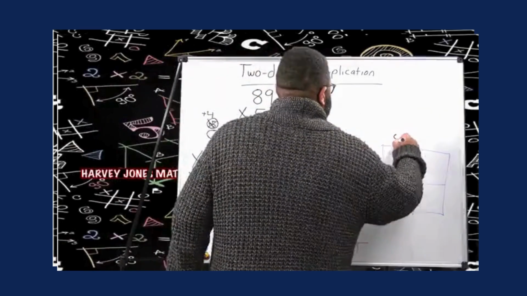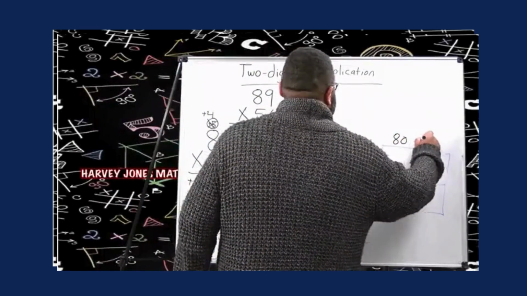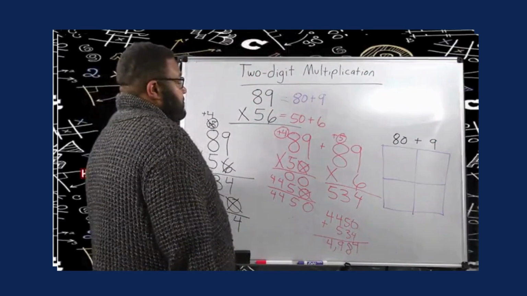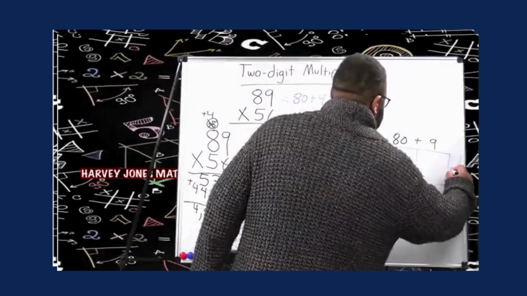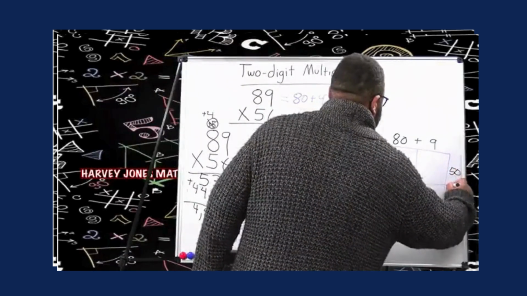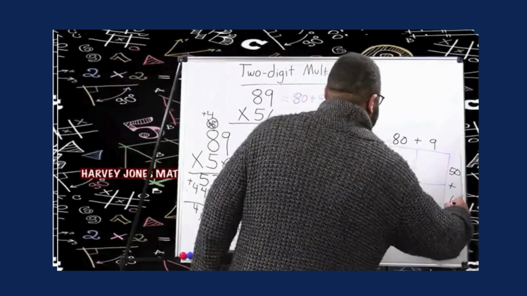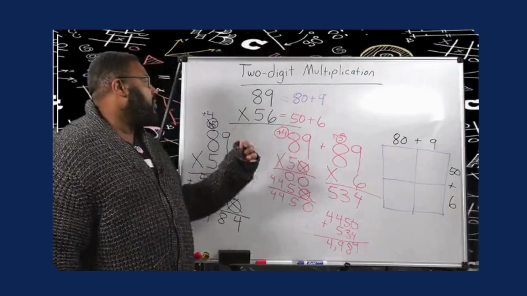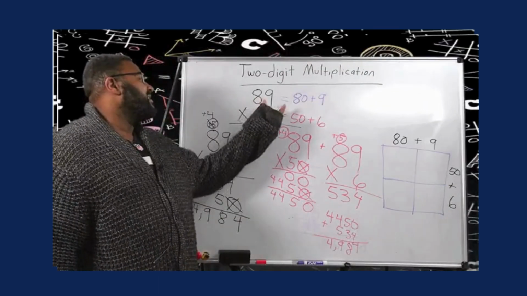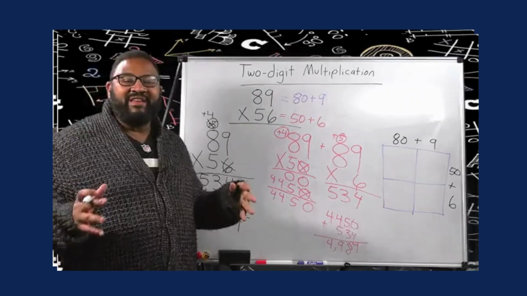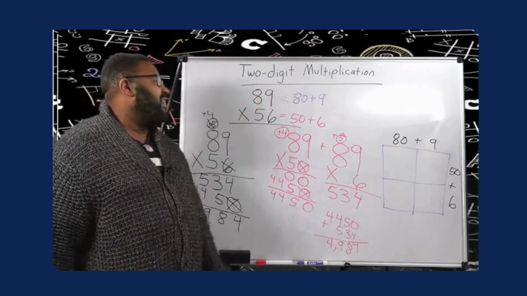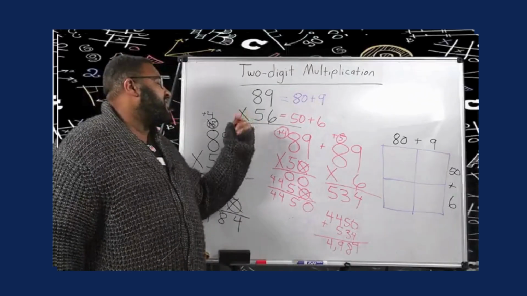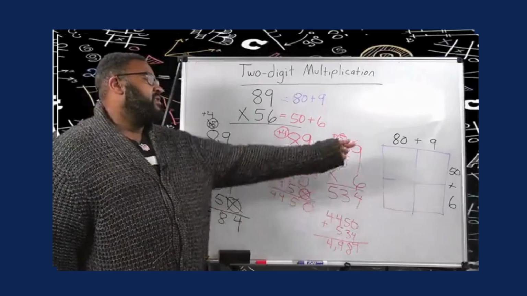So that would be 80 plus 9. What's going on this side? I'm going back over this side. 50 plus 6. And the entire time, guess what I'm doing? I'm checking over my work, making sure I've got everything straight. 80 plus 9 is the expanded form of 89. 50 plus 6 is the expanded form of 56. And I'm putting it over here.